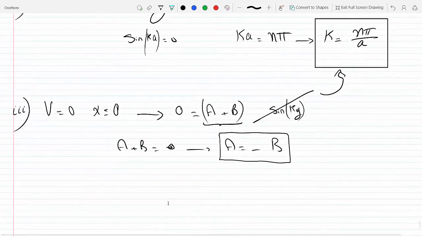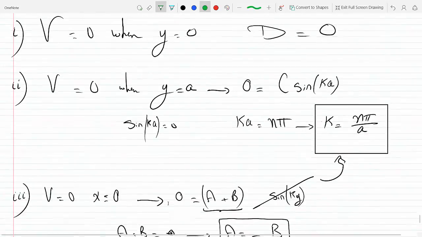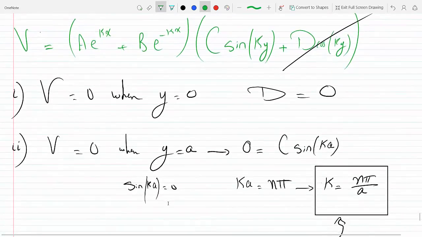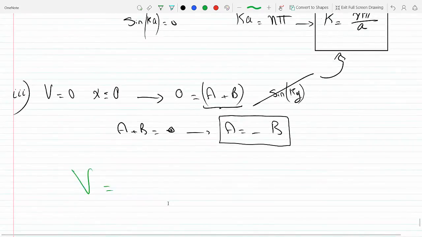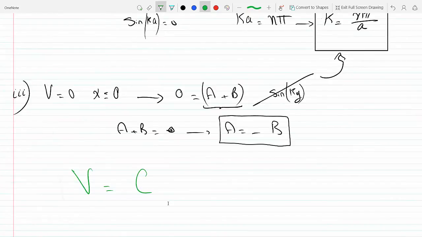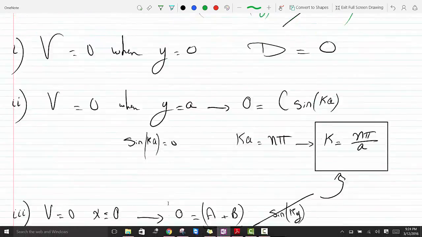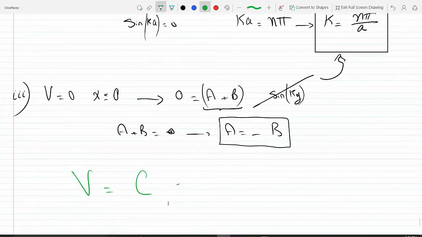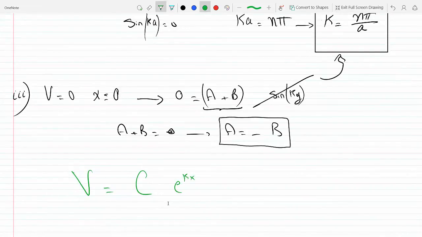Okay, so now that we've absorbed everything in one constant, this reduced our constants to 1. So now v, and I'll call that a, so v is equal to a, or c, whatever. Let's use c. E to the kx. And the other coefficient is minus c, so I'll factor out the c and just make this a minus.